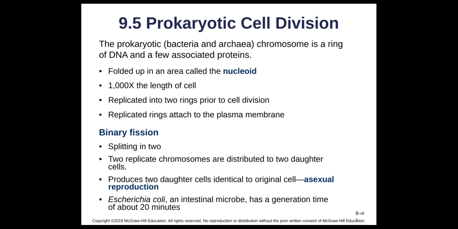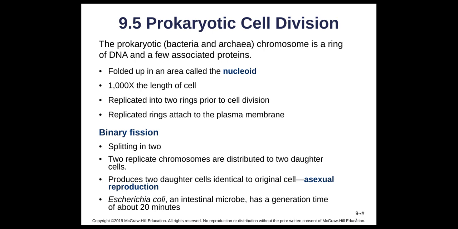All right, last but not least is something entirely different: prokaryotic cell division. This is for bacteria and archaea. They have one singular circle DNA, and it's all folded up into that nucleoid region. What's going to happen is we will make two rings of their DNA before the cell divides, and then that ring will attach to a point on the plasma membrane.